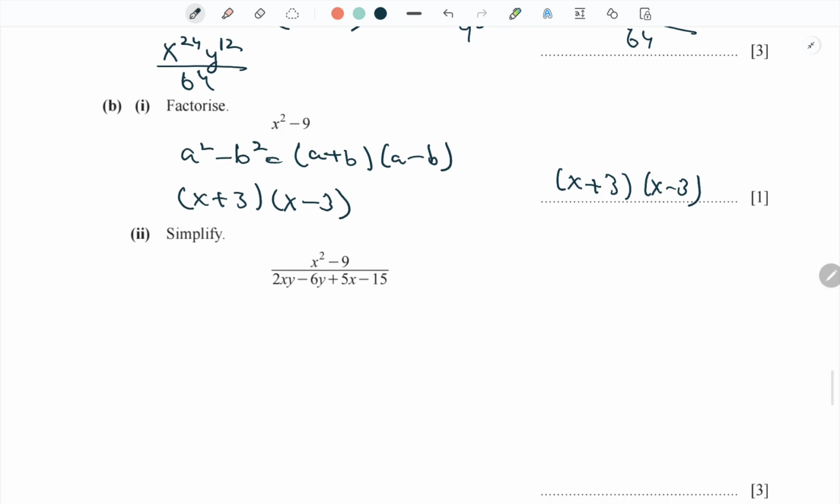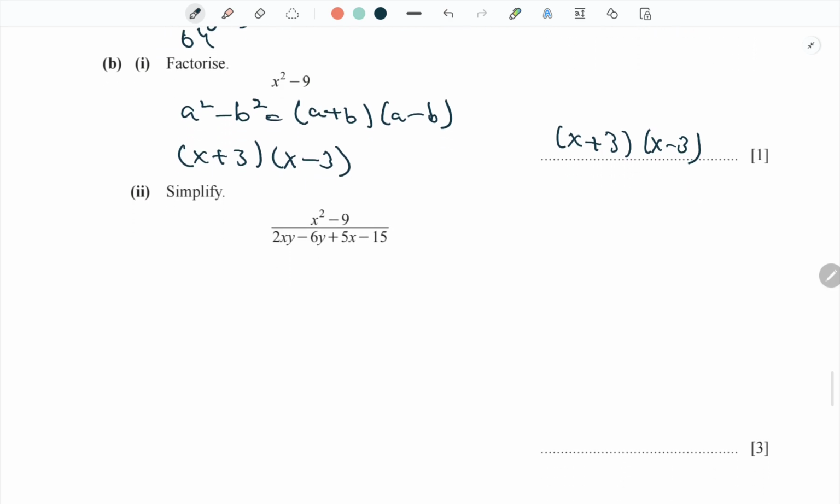Now we have the next question. So I think this question is the free marks, because this is a very easy question. So if we see the denominator, we have the expression, so we split it into 2. Okay, so first we have 2xy minus 6y, right?